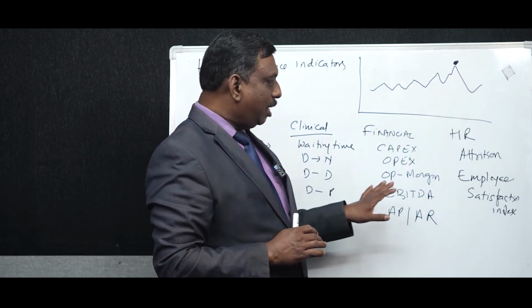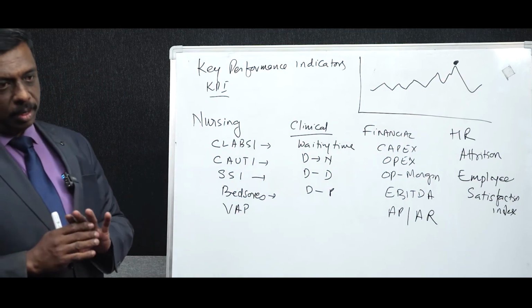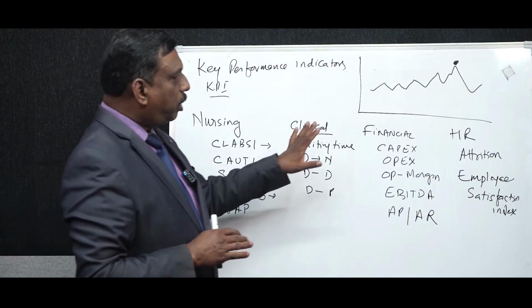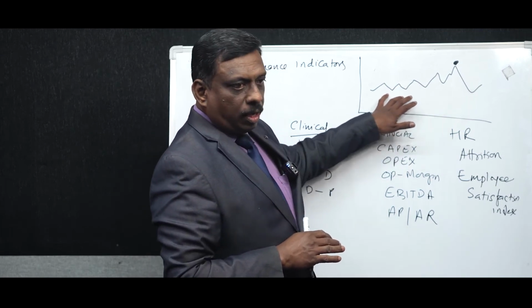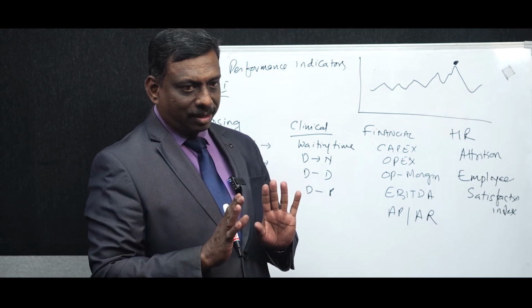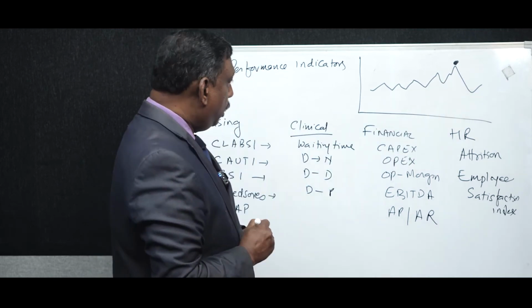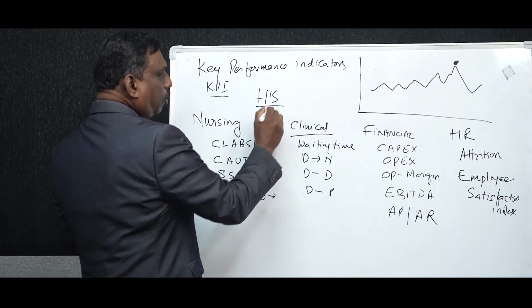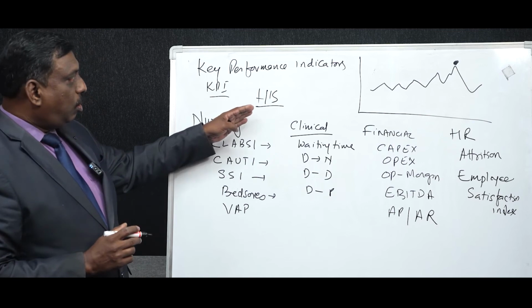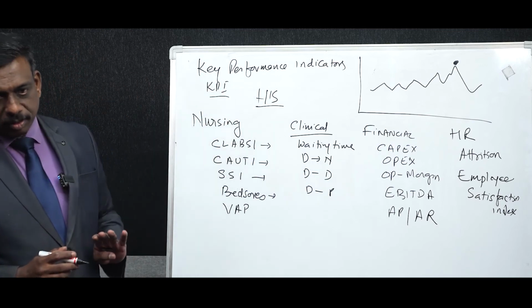So the KPIs are basically the data we collect from different parts of the hospital. After collecting the data, we prepare a graph of this data, and we study the graph, and we take action depending upon how the graph is going. Ideally, if the hospital has a very good hospital information system, HIS, all the KPIs can be available in the HIS.